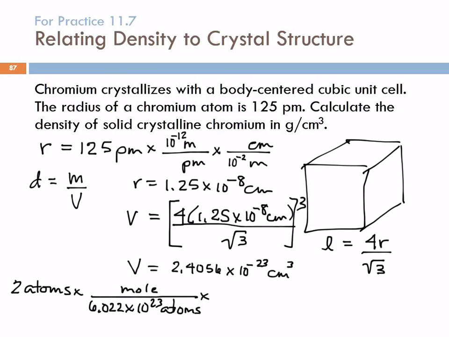And then we can look at the periodic table, and chromium is 51.996 grams per mole. 2 divided by Avogadro's number times 51.996. And this is 1.72687 times 10 to the minus 22 grams.